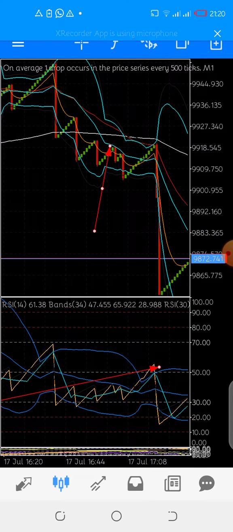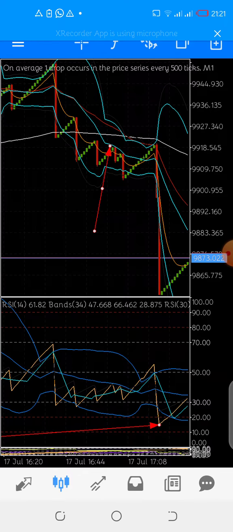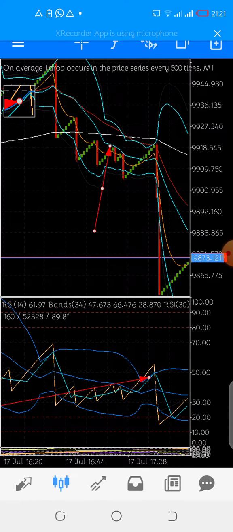Number 2, which area of the RSI level were we in? We were in the lower area, between 50 and 30, which is the sellers area. So before the market could get the momentum and become strong to go up, it crashed in a very big way. Okay, because we were still in the sellers area between 50 and 30. That is where we were ranging.